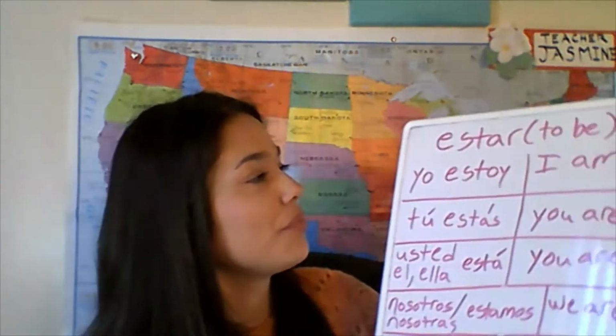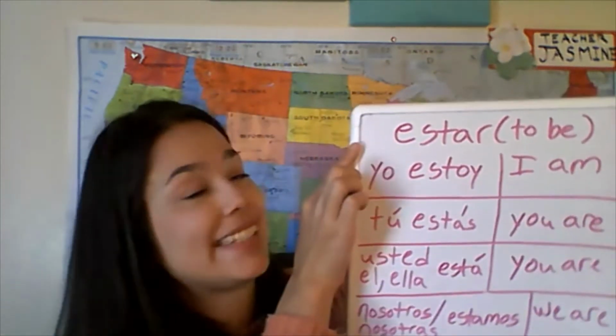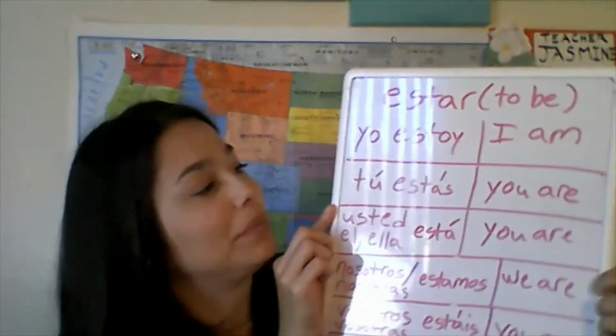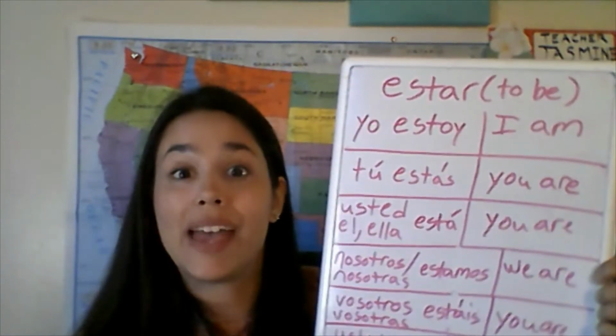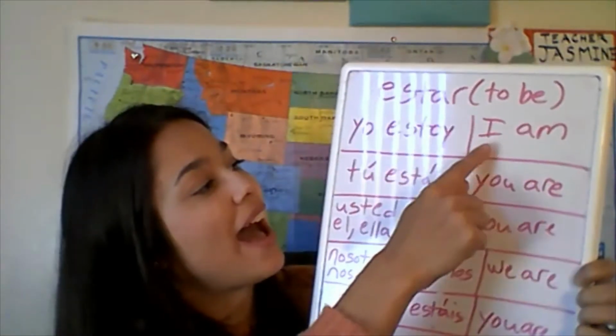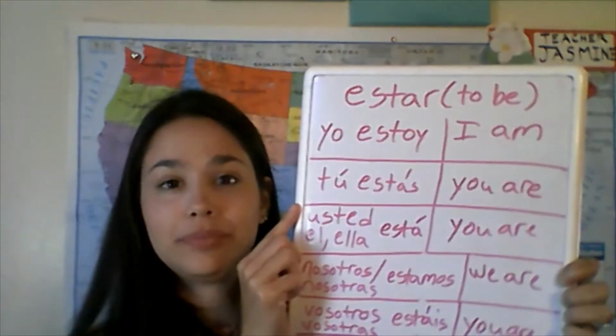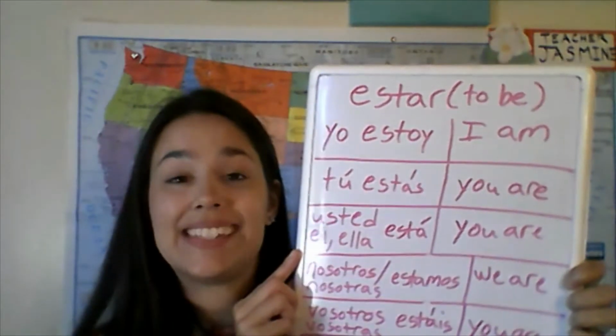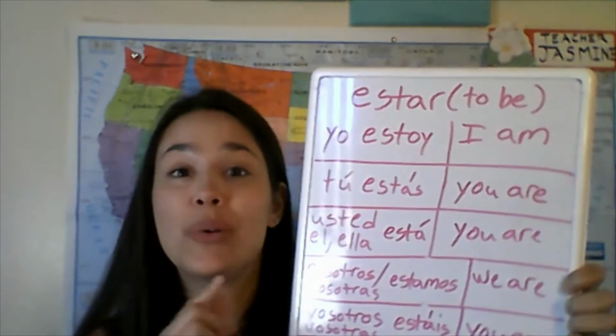Now we will review the Spanish verb estar, which means to be, and how we use estar with Spanish pronouns. Remember, we use the verb estar to locate people and objects. Let's review. Estar, to be. Yo estoy. I am. Tú estás. You are.